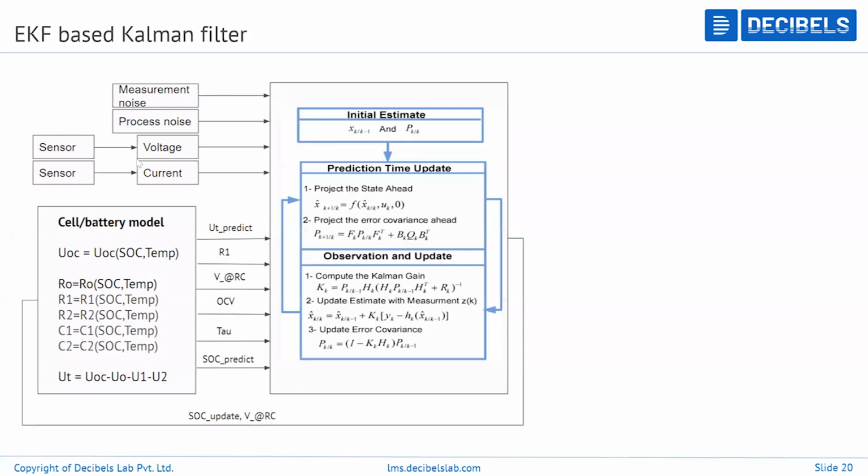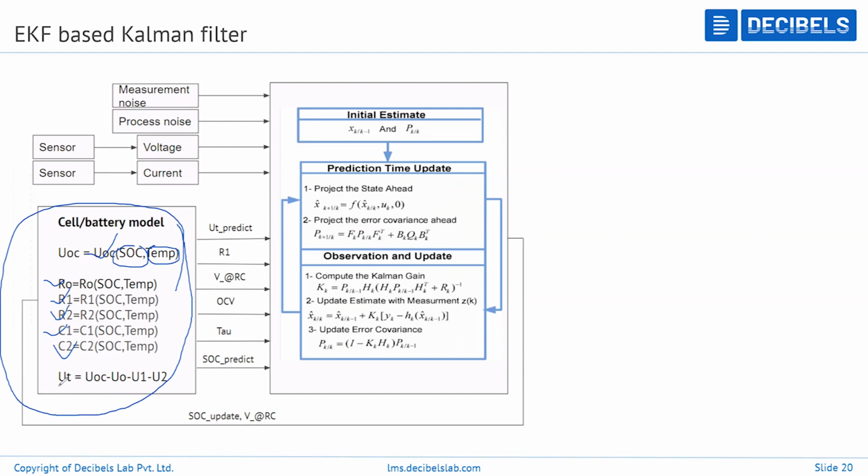And then EKF based. This is one of the approaches. It's very complex. You need a lot of data. You need battery data for whichever cell you are going to use. You need to understand the OCV at different SOC and temperature conditions, and the same with respect to R0, R1, R2, C1, C2 in order to build the RC circuit.